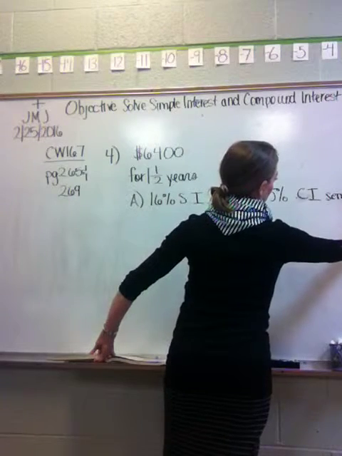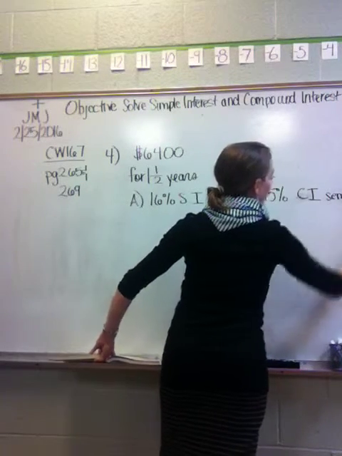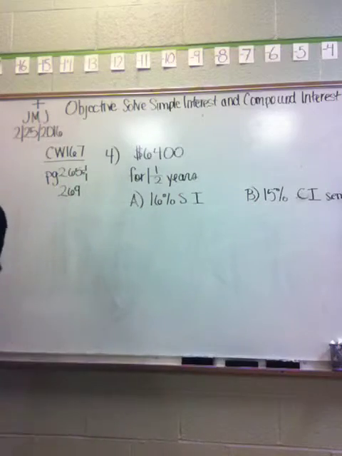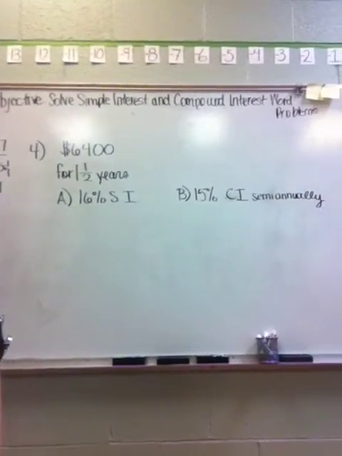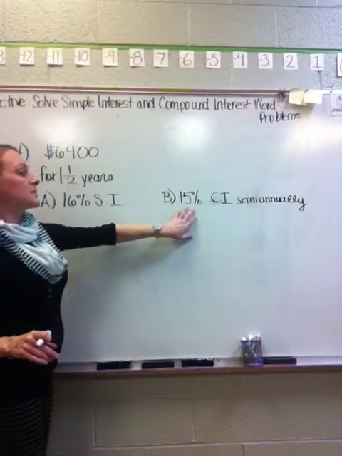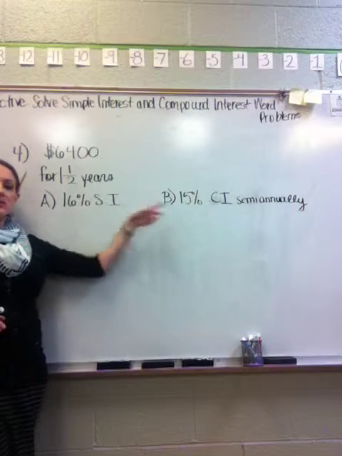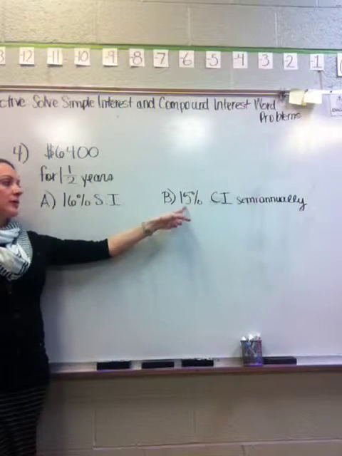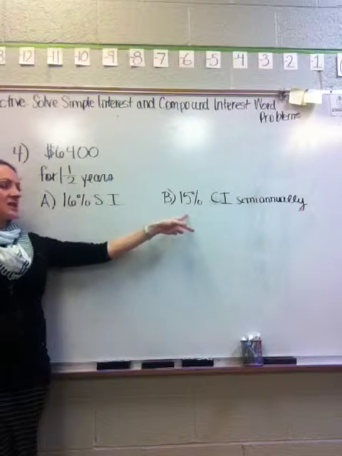I want to go compound. All right, before we crunch any numbers, let's formulate an educated guess. B. Compound. Okay, we're thinking B. Even though the percentage is 0.1% less than this, we're still thinking compound.